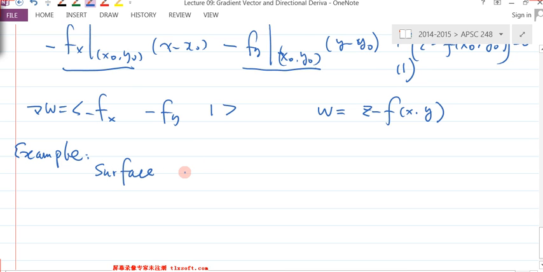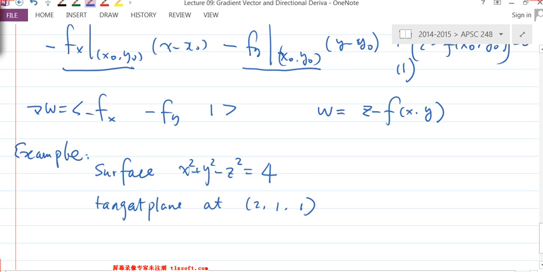So here's a surface, and try to find a tangent plane at 2, 1, 1. If you look at this one here, your immediate impression is, how come it's different now?